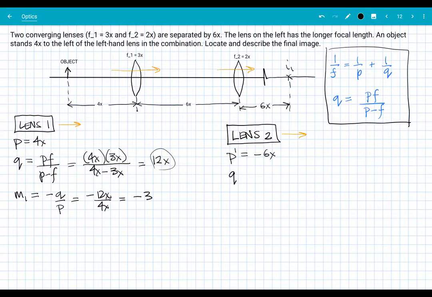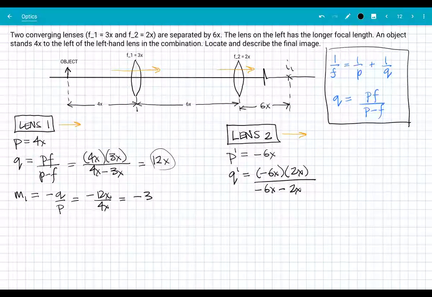So let me solve for my image distance now for lens 2. So that's going to be negative 6x times my focal length, which is 2x, all over negative 6x minus 2x. So this gives me 3x over 2. Now this is positive, right?